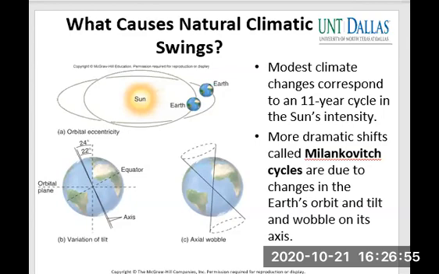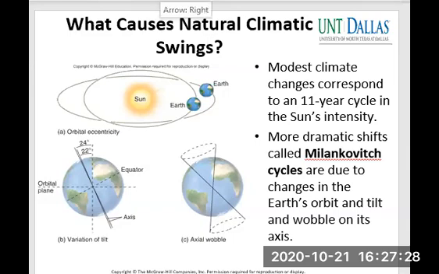There are three of these cycles. Number one is that the Earth's elliptical orbit stretches and shortens in a 100,000-year cycle. Number two is that the Earth's axis changes its angle of tilt in a 40,000-year cycle. Number three is that over a 26,000-year period, the axis wobbles like an out-of-balance spinning top.